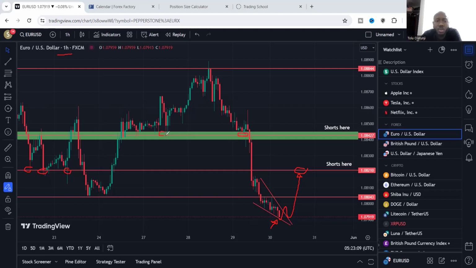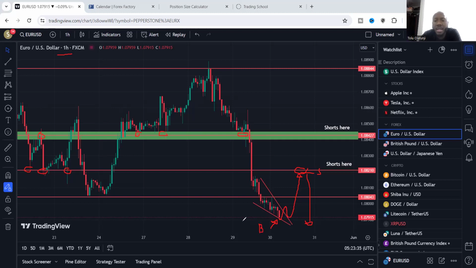If you look to the left-hand side, you can see the areas of support and resistance over here. So I would be expecting a pullback to this area at least, especially based on the high impact news, and maybe get in on shorts over here and take it back down to the lows here. So you have the sellers here, and the buyers here. These are the two plays that I have for you.